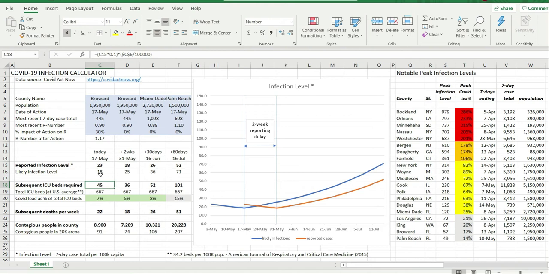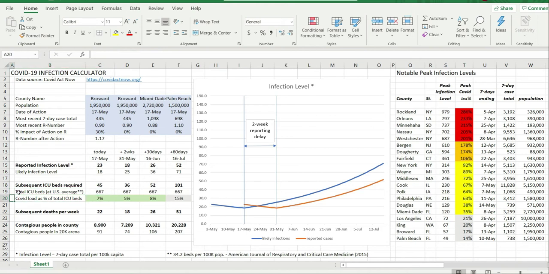So this says that at this level of infection, we'll be needing 25 ICU beds to handle the infected people. Right below there, you see the total number of ICU beds that we probably have, 667 beds in Broward. That is based on U.S. average of 34.2 beds per 100,000. Here's the reference to it. So it's going to be plus or minus depending on a particular county, but it tends to be pretty close. I've checked the numbers with some counties, and it comes in very similar.